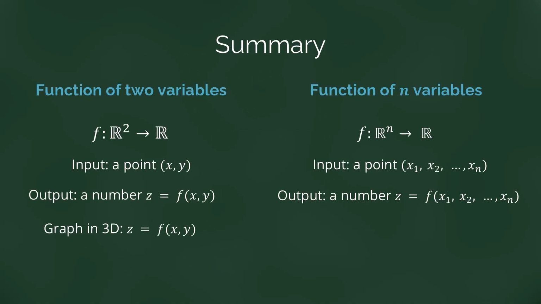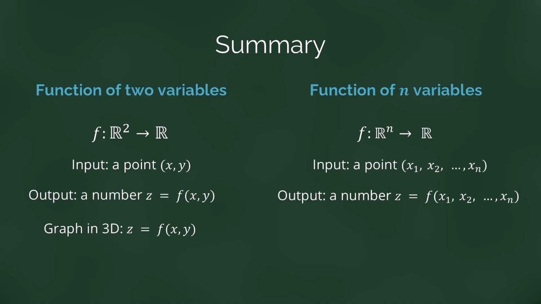All right, summarizing what we know. Functions of two variables are functions from R squared, the set of all points x, y, into R, just a set of real numbers. So their input is a point and their output is a number z, which is going to be the function value. And when we graph them in 3D, we're graphing the surface z is equal to f of x, y.